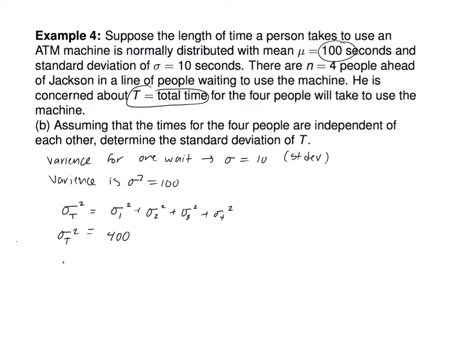So then the standard deviation of your wait time is equal to the root of 400, which comes out nice. It comes out to be 20.